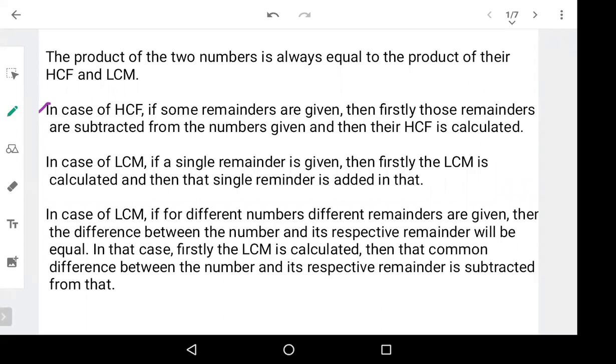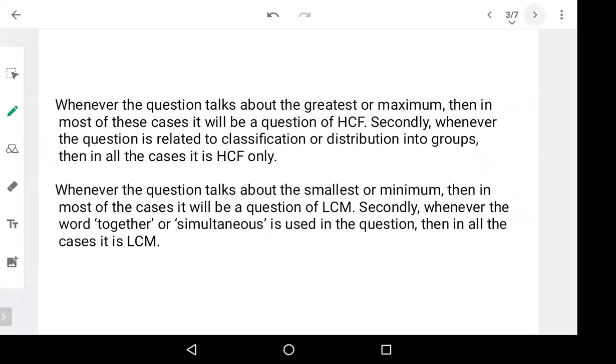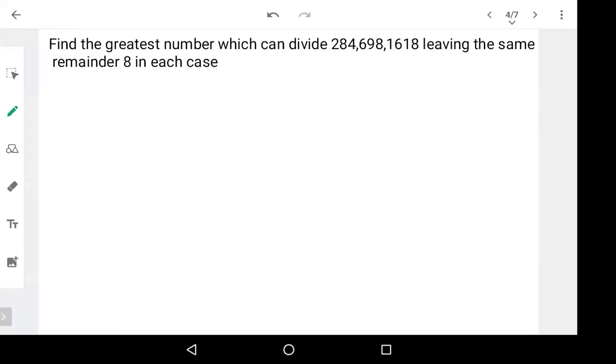In such scenarios, we first subtract the remainders from the numbers and then calculate the HCF. To understand this better, let us solve one problem first and use it to help you understand the rule.